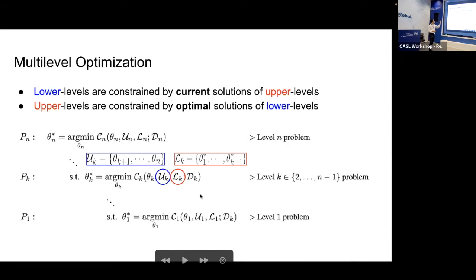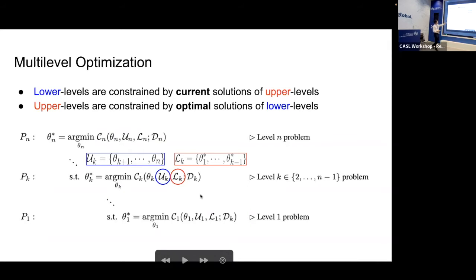So the students are trying to solve the optimization problem given the homework from the teacher. The second criterion is that the teacher, which is the upper level, is constrained by the optimal solutions from the students, which is the knowledge students gained after solving all the homework, and then tries to improve the homework design, constrained by the optimal solutions of the students.